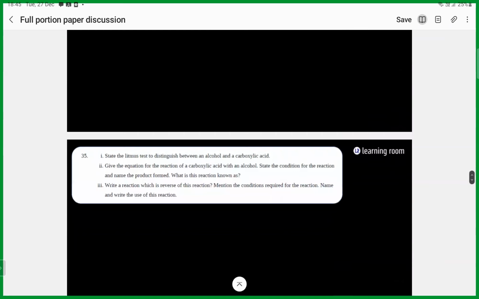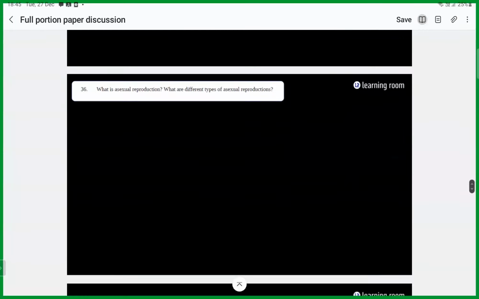What is the next question? You wrote all these things. What are the methods you mentioned? Binary fission, fragmentation, regeneration, budding, spore formation, and vegetative propagation.